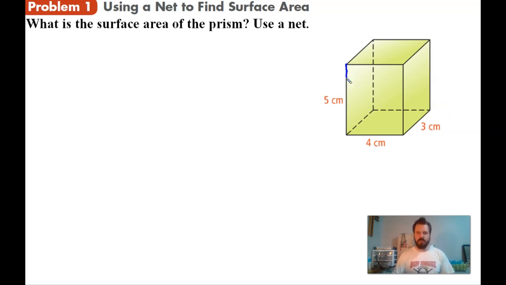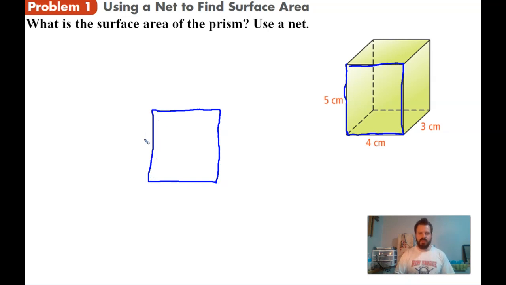I'm going to start with this front face of the box. So let's draw that out here. So I have a rectangle that is 5 by 4. Okay, next to that, on the right side is going to be this edge, or this face, which is going to have dimensions of 3 by 5.